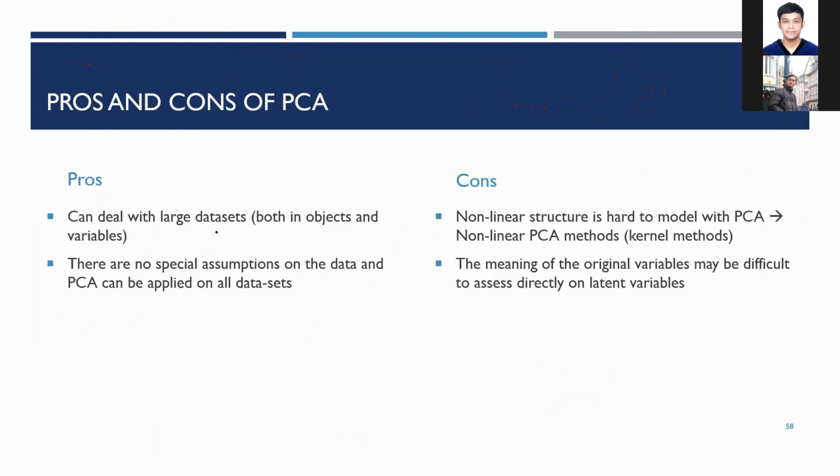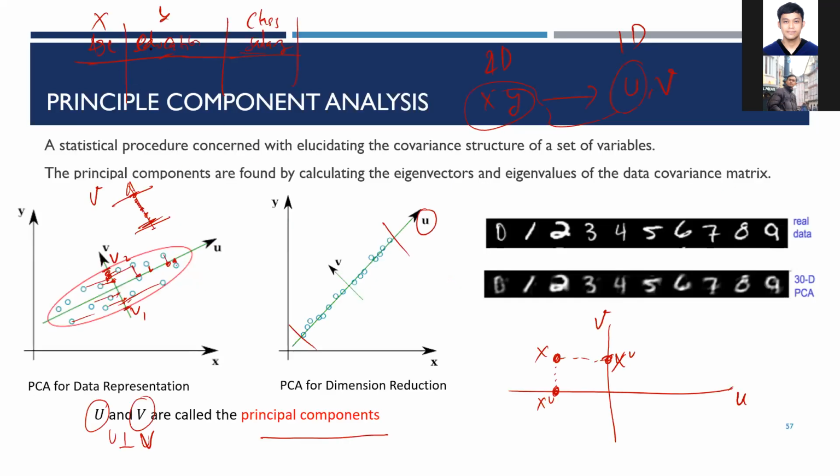This is the pro of the PCA. But here, usually this is the most common problem found with PCA. The meaning of original variables may be difficult to access directly on latent variables. It means that in our case, we cannot know which one between age and education gives more influence on the salary, because you represent all of this.